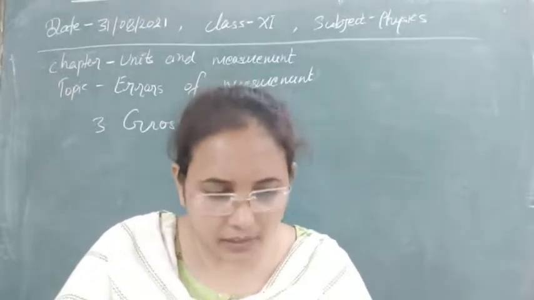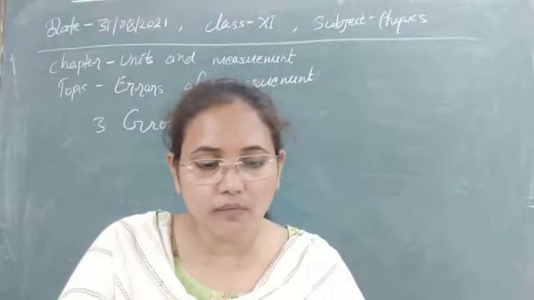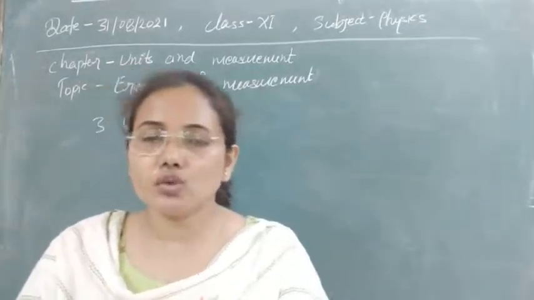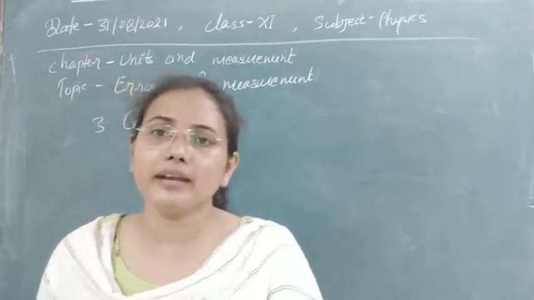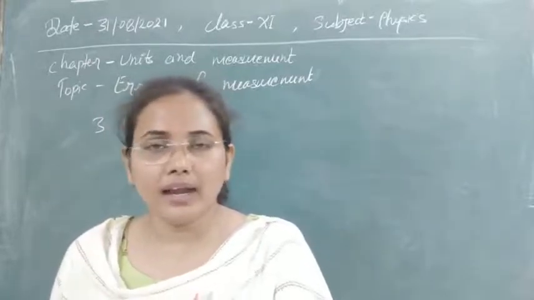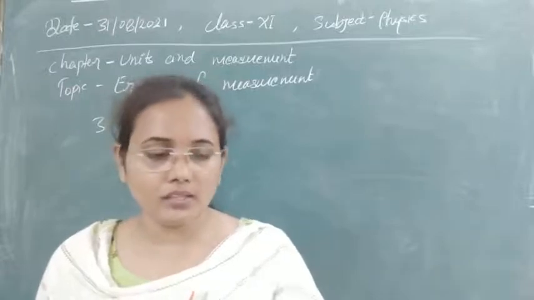Next, taking the observation wrongly without caring for the sources of errors or precautions. Some precautions and sources of error may be there in instruments, and you have to take care of them also. If you haven't, errors can obviously arise.